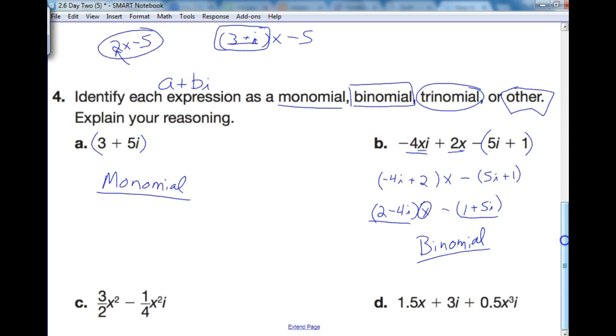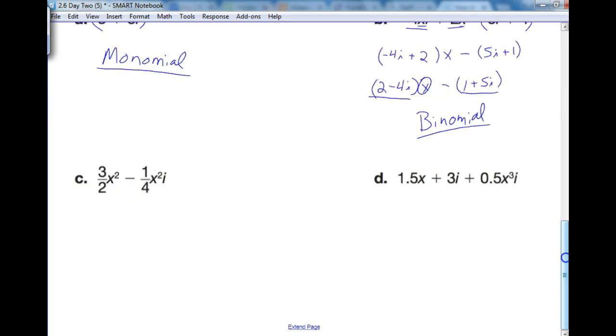Okay, how about C? What do you think, Elke? Mono, bino, or trino? Let's go with binomial.